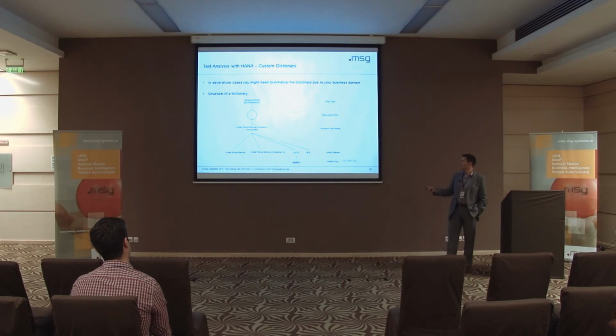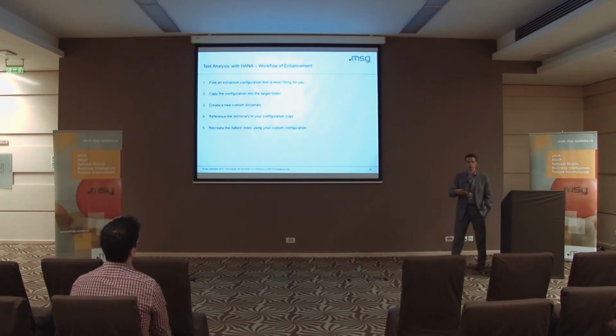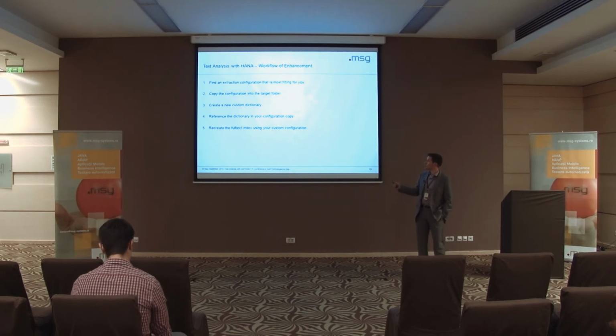So you can define them, and you can even add some information to that by saying, okay, this is the official abbreviation of my real-world entity. And you can then use these dictionaries in order to extract all the information. And what's even more important, you can create these dictionaries yourself and use them within your custom extraction configuration. And the workflow for that is really, really simple.